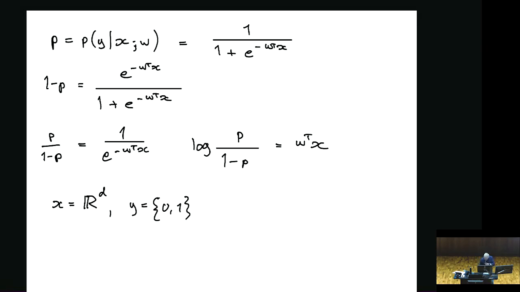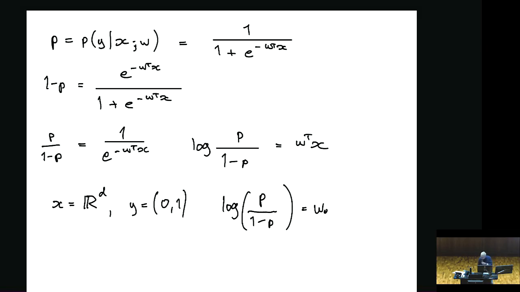And then, because we're going to need to expand on this, we'll say that log of p over 1 minus p is w0. Sorry, I think this should be the interval 0, 1.